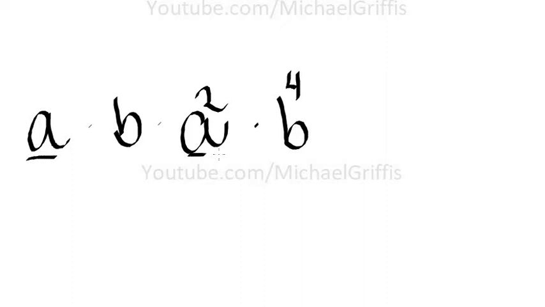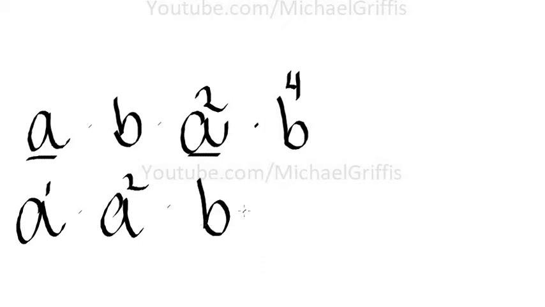We have an A and an A squared. Alright, so let's put them side by side. Remember, this is A to the 1st power times A squared. And then let's put our B's side by side.